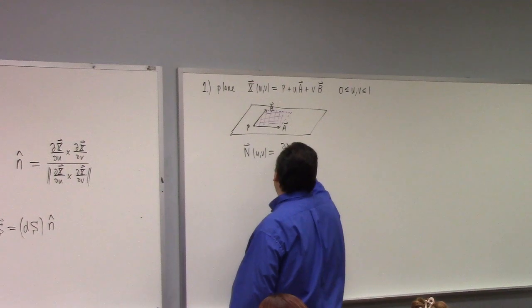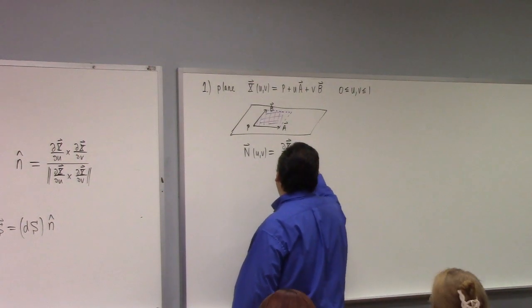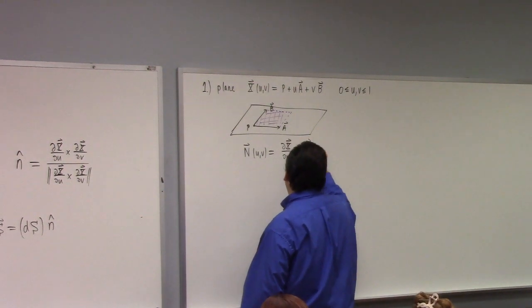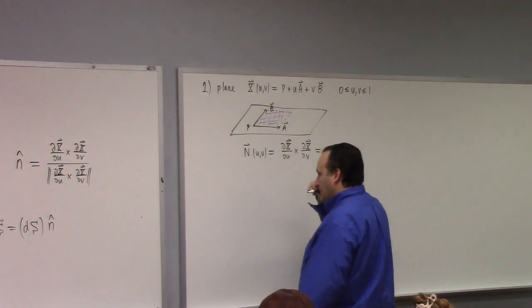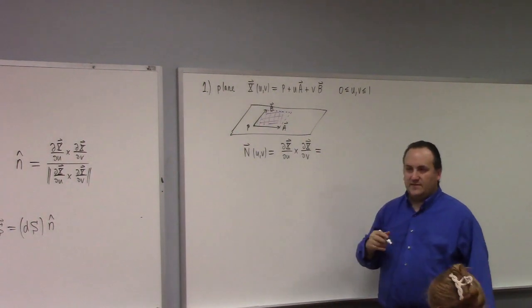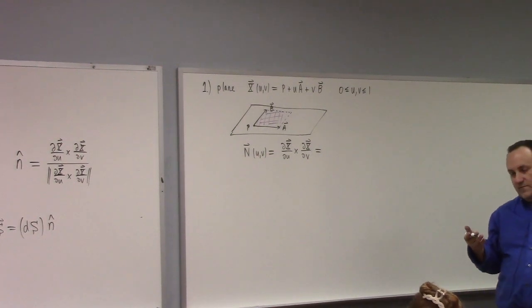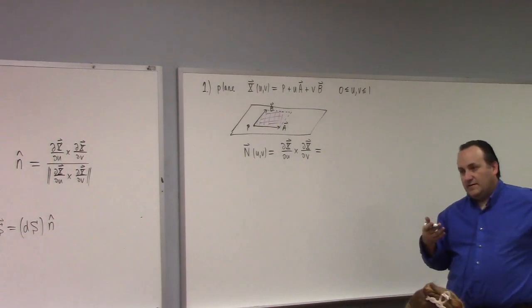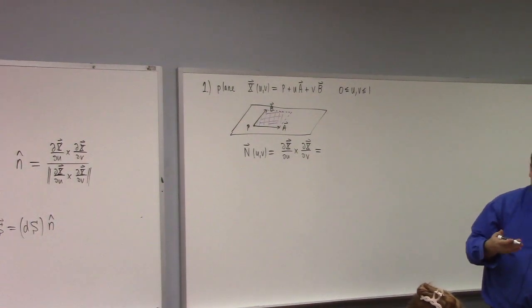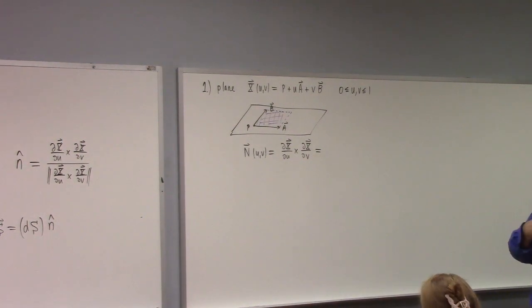So we've got partial x, partial u, cross partial x, partial v. What I'm going to be doing here in the next few examples is not, for the most part, completely calculating a surface integral. I just want to show you how to set up the normals for some common examples, right?